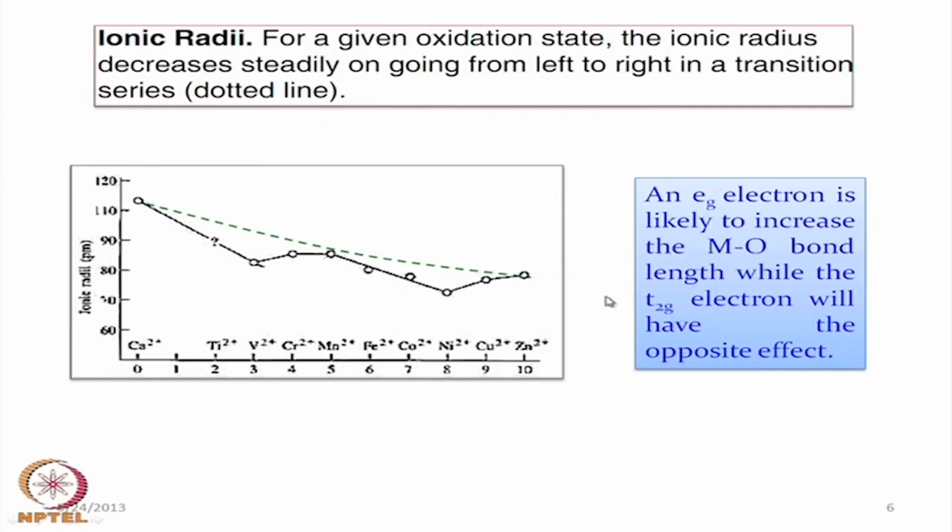But if the electron is in the T2G level, which lies in between the metal oxygen axes, that will have a different, or rather opposite, effect, and that will decrease the corresponding metal oxygen bond length. So, occupancy of this T2G level, that means up to vanadium 2 plus, will decrease the corresponding contribution to the MO bond length.